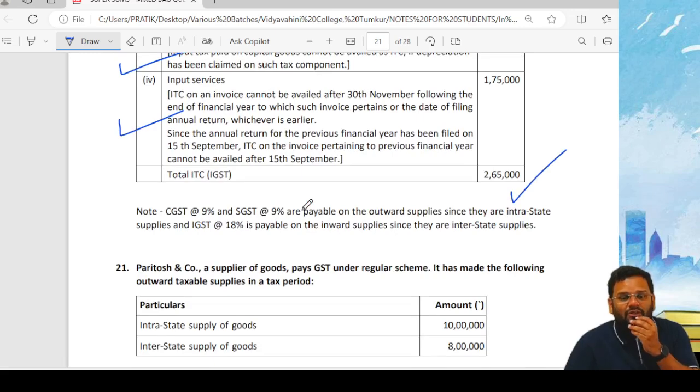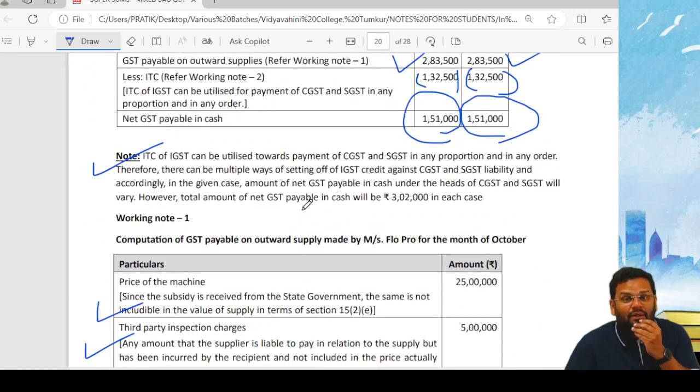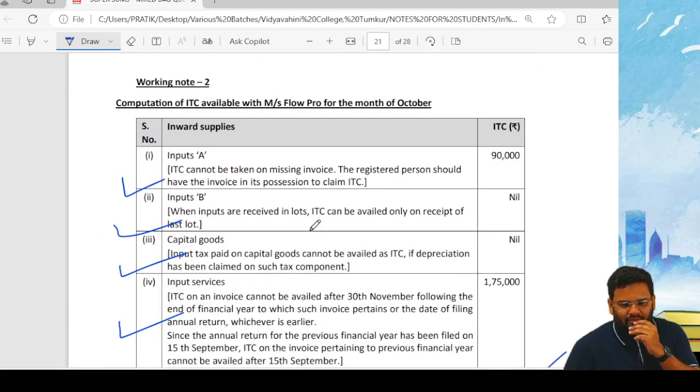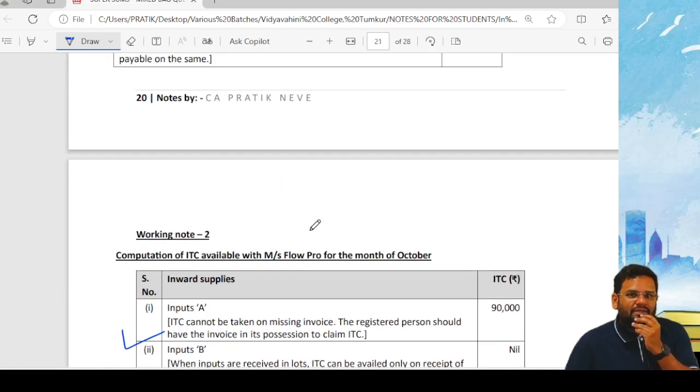So friends, how many notes? Exactly 4 plus 4 plus 1, 9 notes. 4 notes of valuation, 4 notes of blocked credits, and 1 note of 49.5, that is, we have used ITC of IGST equally to pay output tax of CGST and SGST.